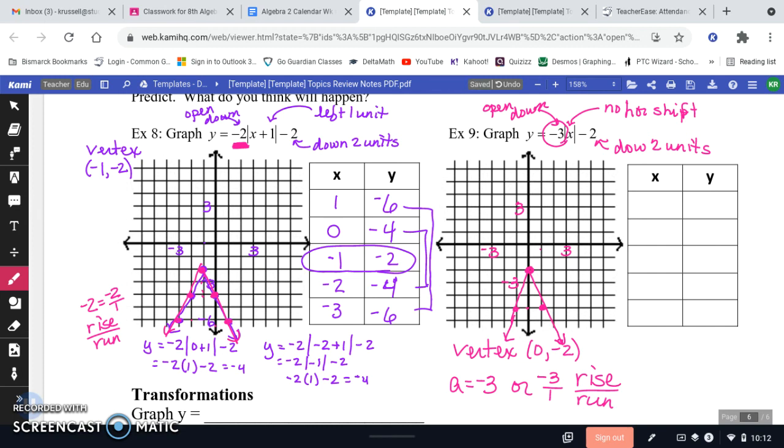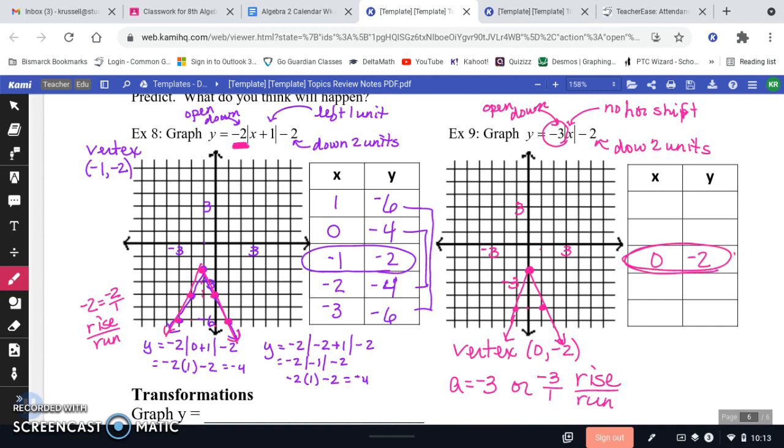So use these patterns that we find with these graphs, and you can make it more efficient for you. But let's say you're not real confident about that, especially that slope thing is kind of throwing you. If you can pick out where that vertex is, that 0, -2, that's going to help a lot.